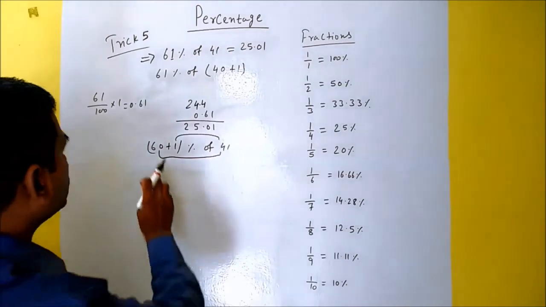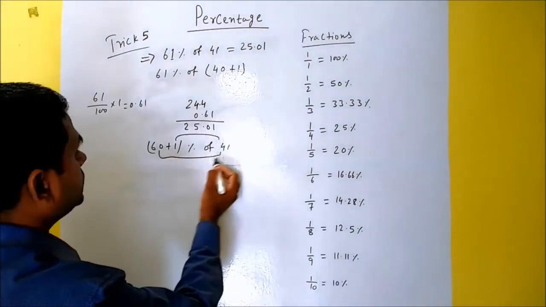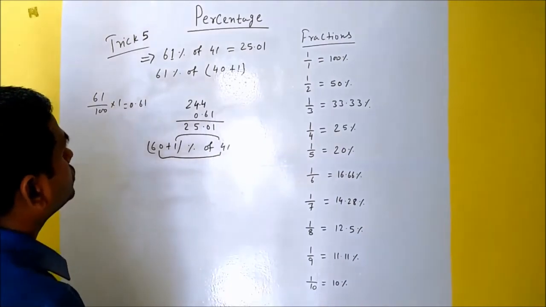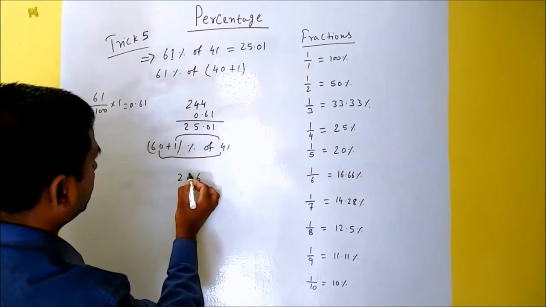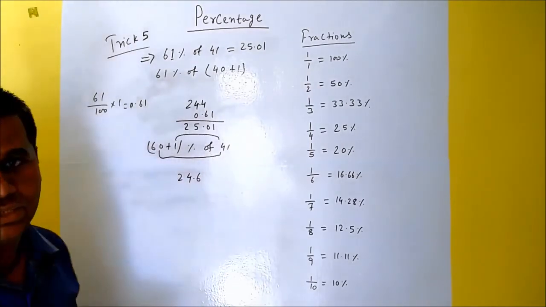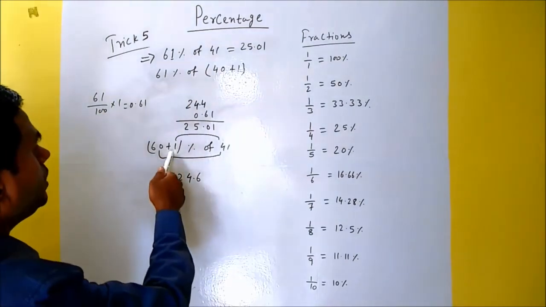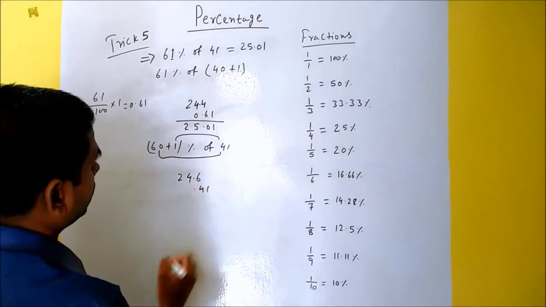In this we will find first for this, and then we will find for this, and we can add. So 60% of 41, we'll multiply 6 into 41, right? So 6 into 41, if you multiply 6 and 24, and then the decimal comes, using our previous trick I have done. Now 1% of 41 is 0.41.